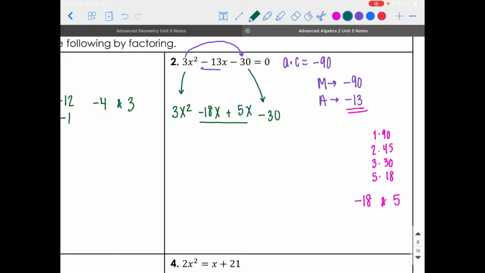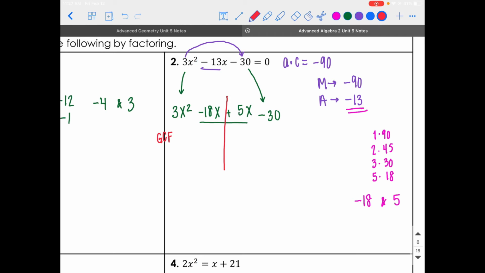So we change that middle part, that negative 13x, we changed it to negative 18x and 5x. And now we do what's called factor by grouping. So we draw a line down the middle and we find the GCF of both sides. We factor by GCF.